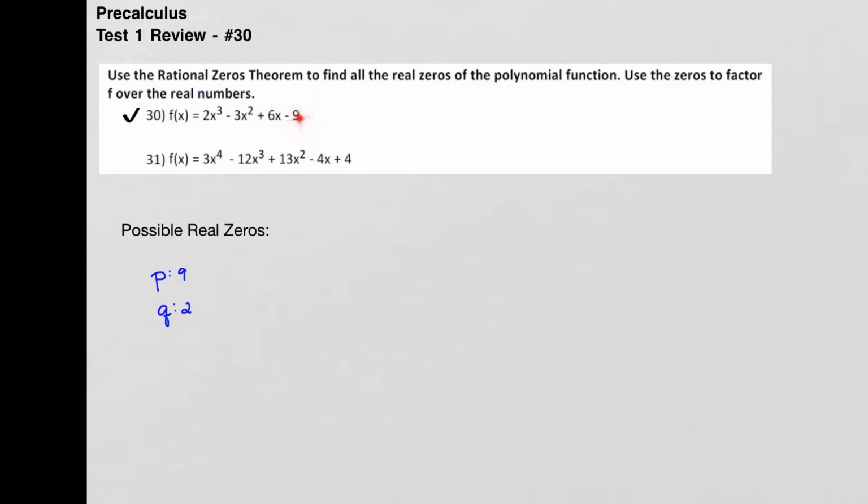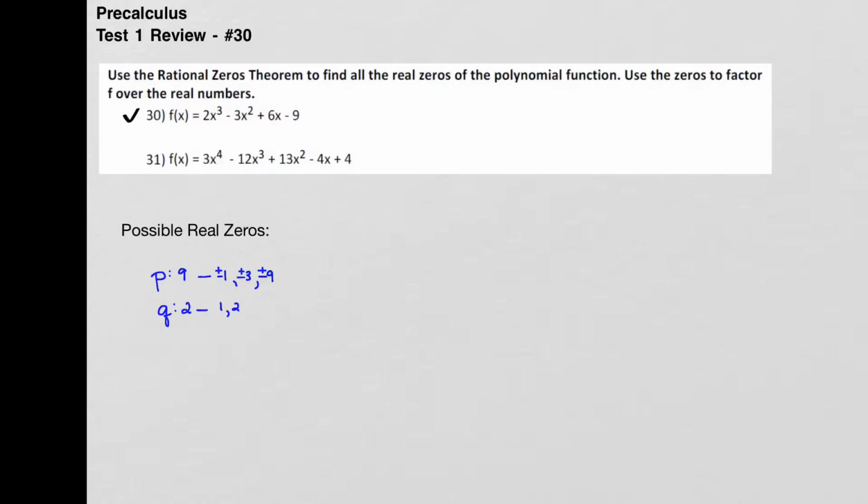So I'm going to find all the factors of P. Since P is 9, my factors are 1, 3, and 9. And I'm going to put a plus and minus on each of those. And for Q, my factors are 1 and 2.